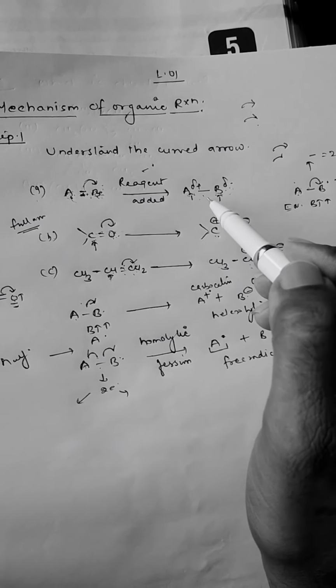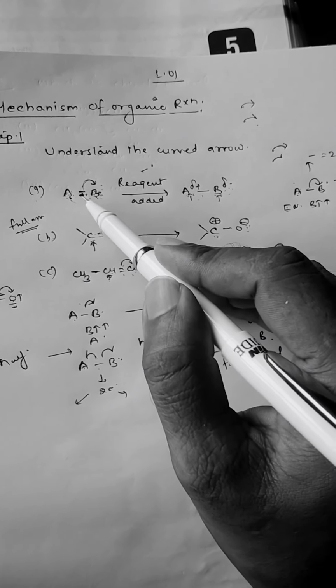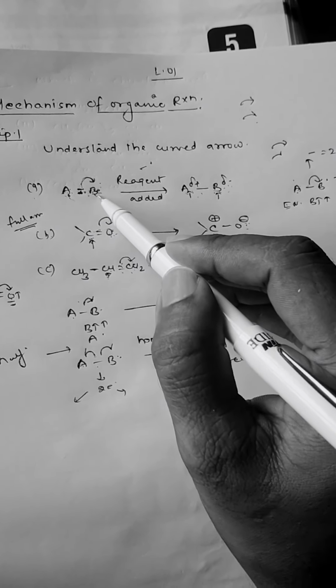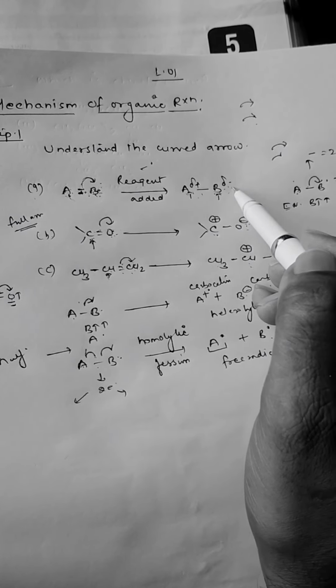It is the basic concept: because the bond is broken, the whole electron density goes to the B atom, so it is converted to B minus.